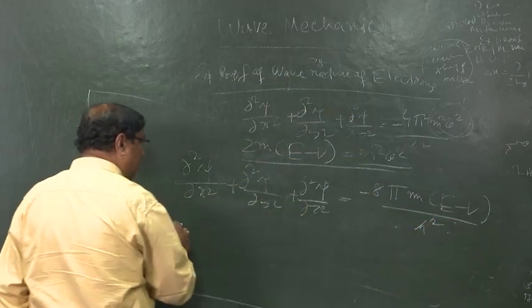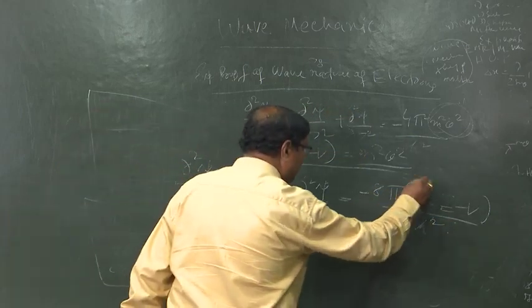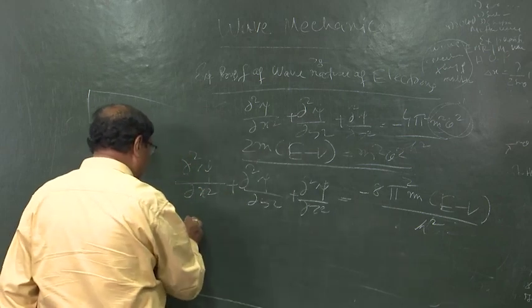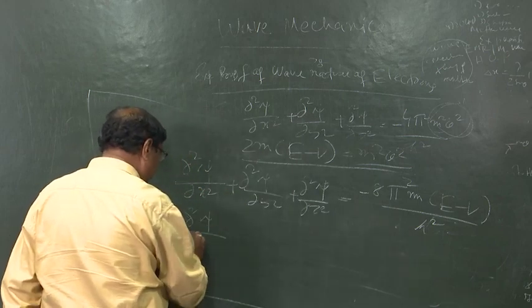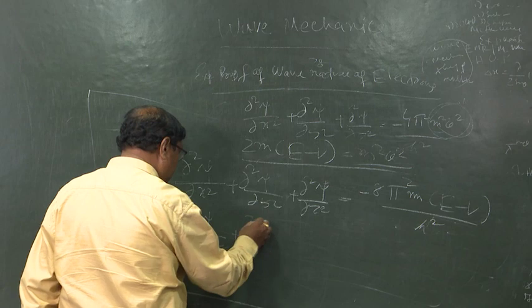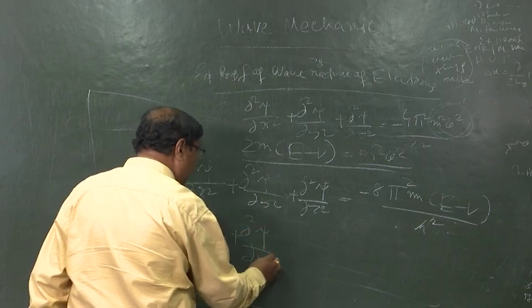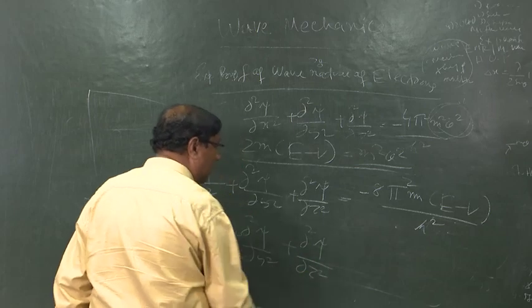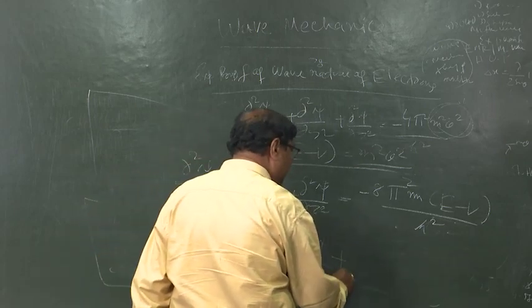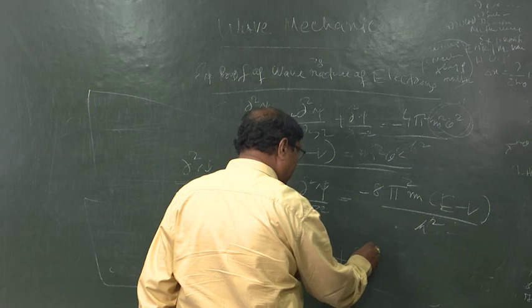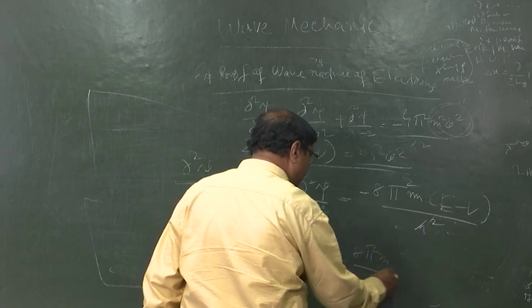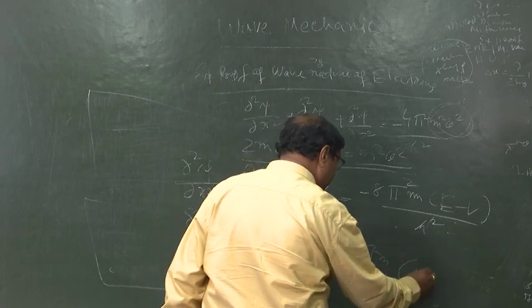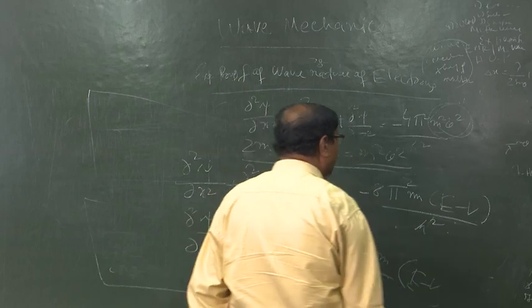If you bring it to this side, d square psi by dx square plus d square psi by dy square plus d square psi by dz square plus 8 pi square m by h square (E minus V) psi is equal to 0.